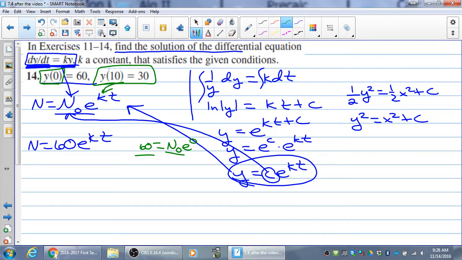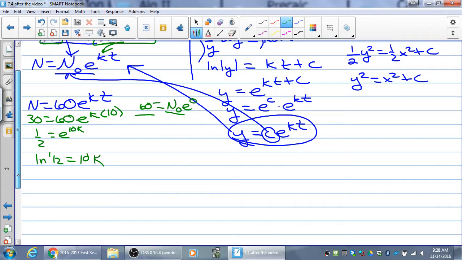We don't have k in this. 30 is equal to 60 e to the k times 10. Time is 10, the value is 30, so now we divide by 60, that's a half, e to the 10k. We have natural log of 1/2 equals 10k, take the natural log of both sides, and then divide by 10.